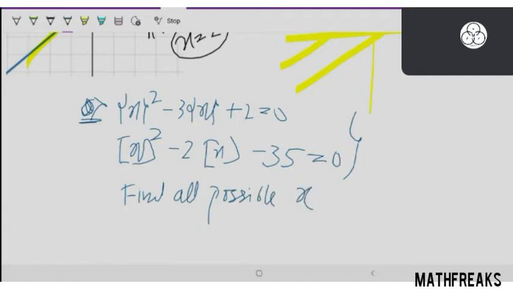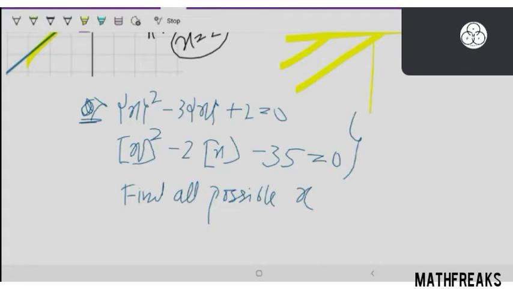If the handwriting is not clear, I am reading it: fractional part x whole square minus 3 fractional part x plus 2 equals 0, and box x whole square minus 2 box x minus 35 equals 0. Find all possible x.